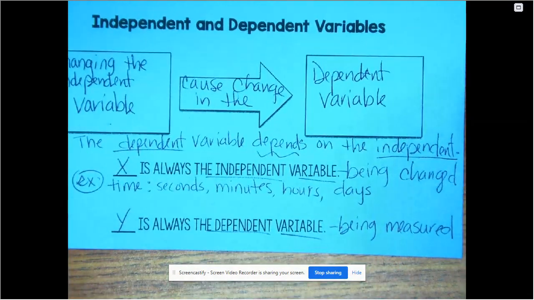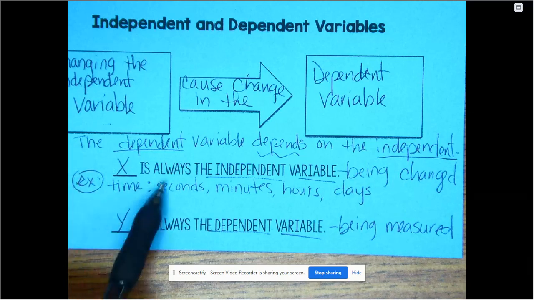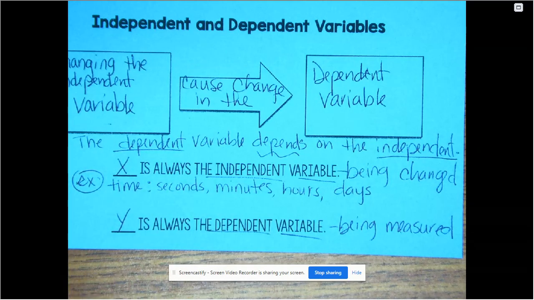You get it. And that's just an example of it. It's not always time, but there can be different things used in an experiment. But if time is present, it's almost always going to be an independent variable, 99% of the time.